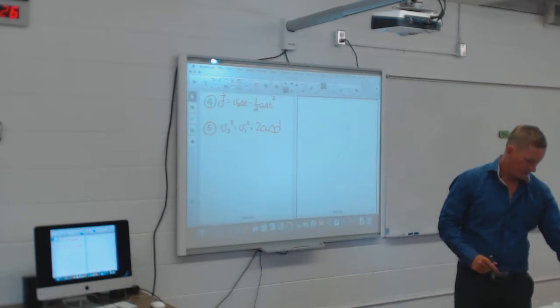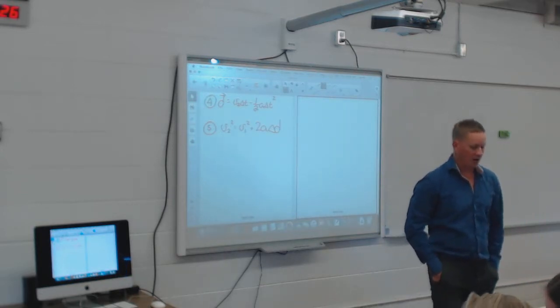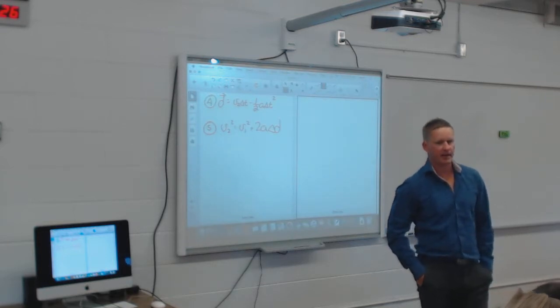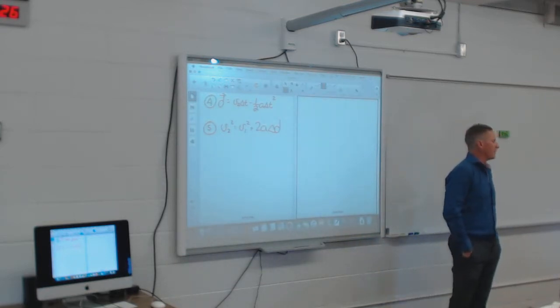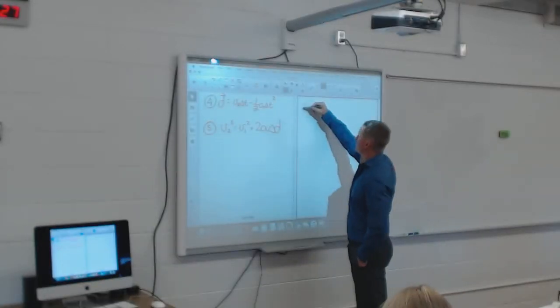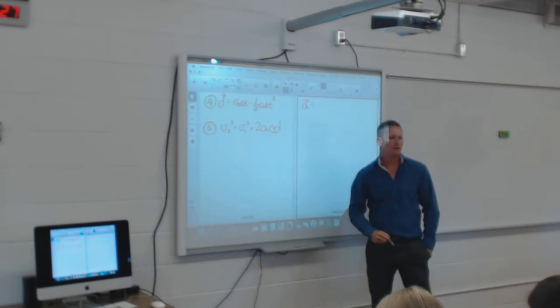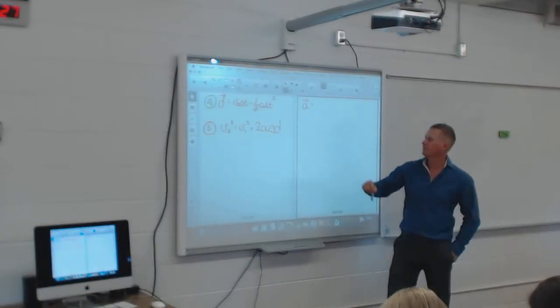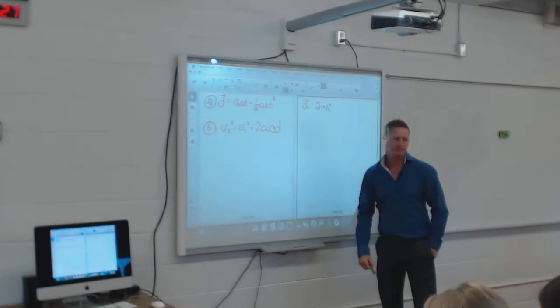Page 71. A ball rolls down a hill with a constant acceleration of 2 meters per second squared. Grade 12s already know what I'm looking for. Grade 11s, here's how this works. I want you to write out all of the information that you get so that I can see it. That's half the battle right there. So acceleration is 2 meters per second squared.